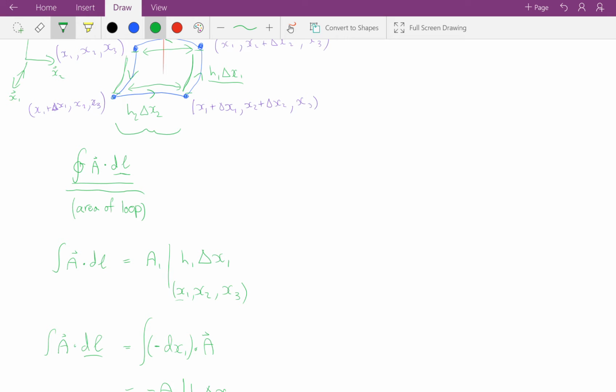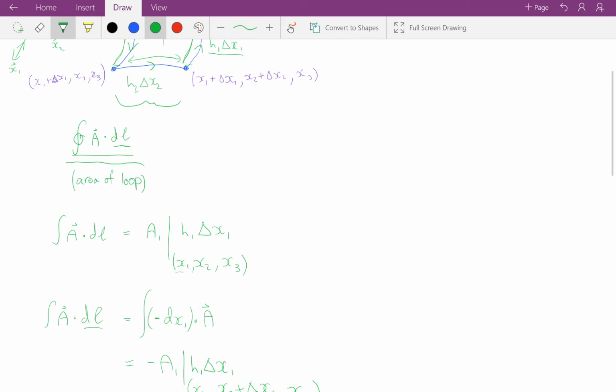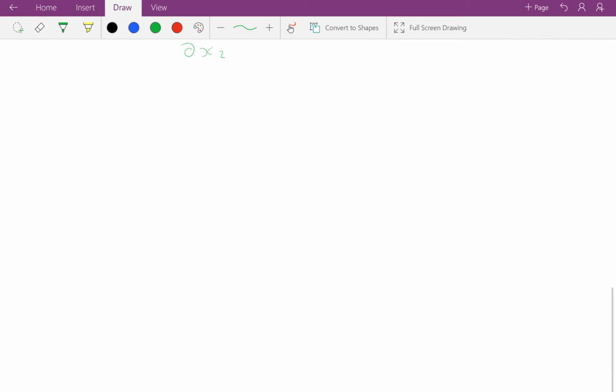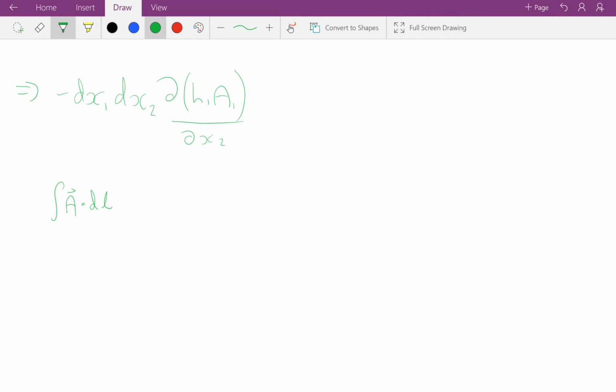So we can assume that a distance delta x2 is really, really tiny. So we're going to have our A dot dl equal to, so we're going in the direction of x2, so this is going to be a positive component. We're going to have A2, because it's just the component pointing along that line, evaluated at x1 plus delta x2.